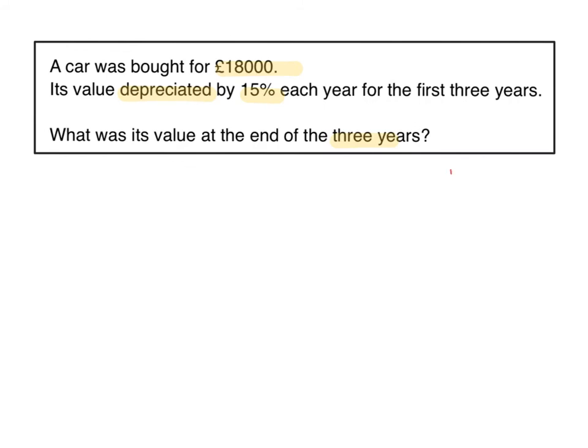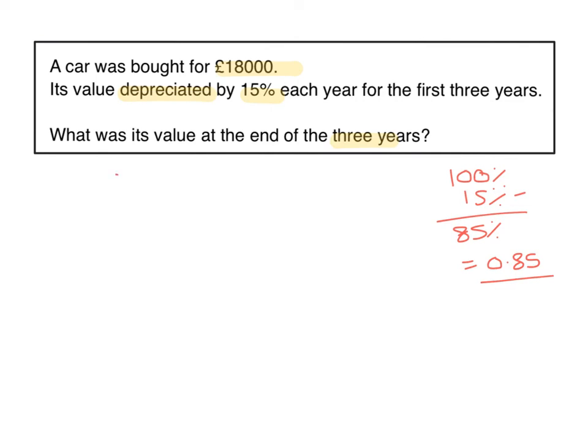So remember, we always start off with our 100% and it's going down 15%. So 100 take away 15 is 85%, which I can put on my calculator and it will tell me, or I can just divide by 100, is 0.85 as a decimal. So each year we're going to be timesing by 0.85.